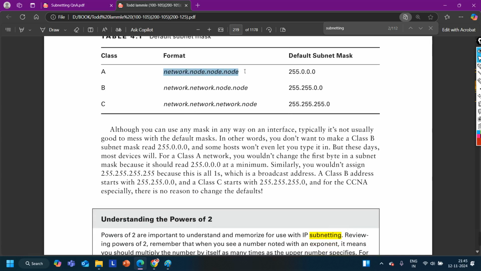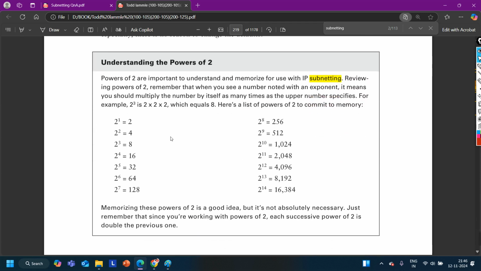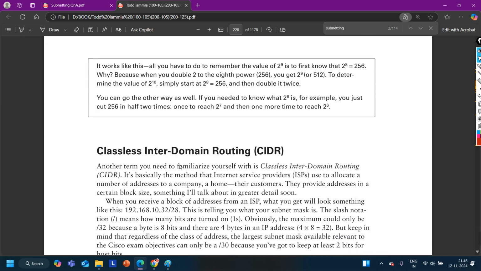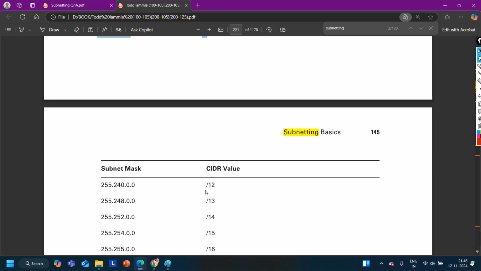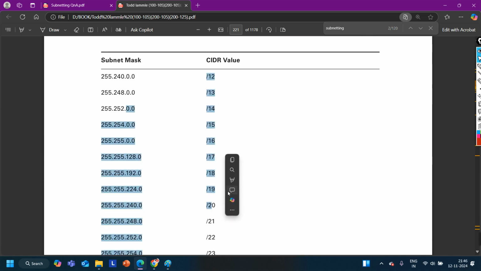Subnet mask: network node means network bits, host node means host, the IP, like PCs, where we are going to configure the IP. Then this is the formula. Okay, CIDR, and here is the CIDR value of all slash values.